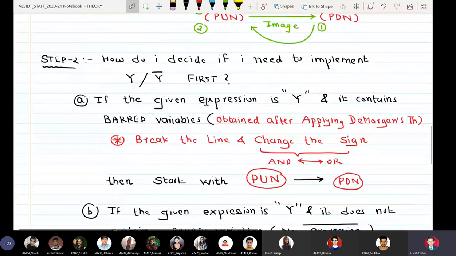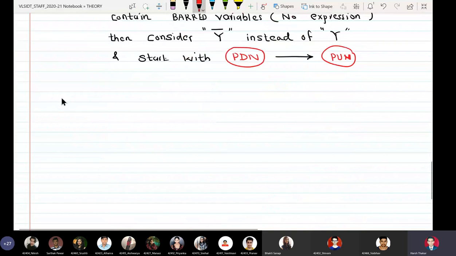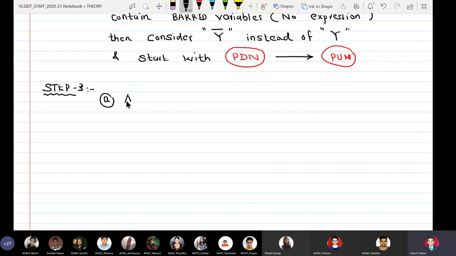Okay, fine. And step number 3: apply X to PMOS to obtain X bar.